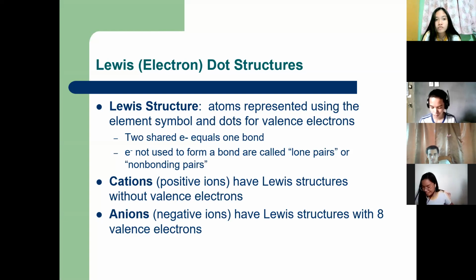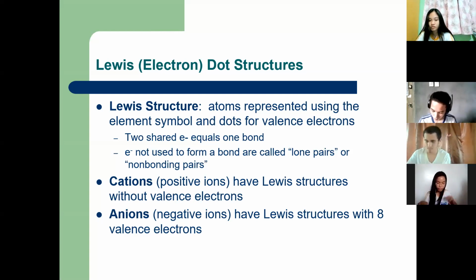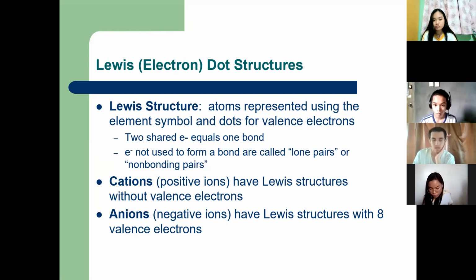Again, the group number tells us the valence electrons present in that said element. However, with respect to ionization, neon has an ionization of 0. It is not a positive ion nor a negative ion because all the noble gases are already stable at 8 valence electrons. Talking about stability at 8 valence electrons, that is the target of chemical bonding.